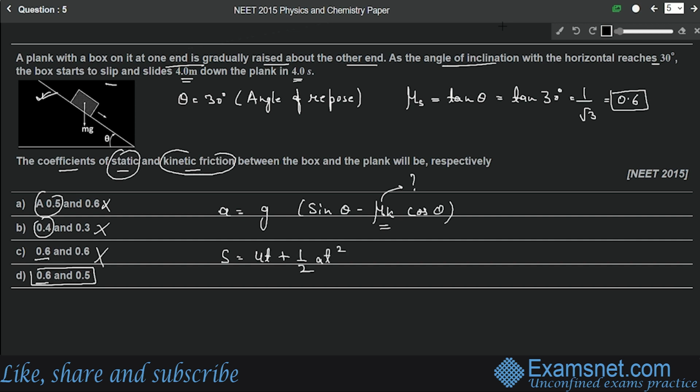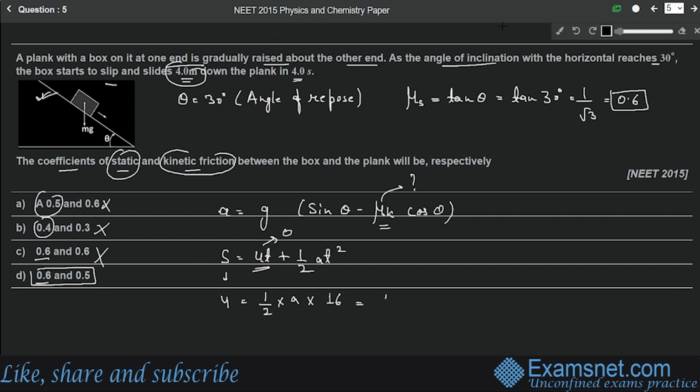Okay, so s means displacement and it is given in the question that the box slides 4 meter, so the displacement is 4 meter. ut will be 0 because the box started from rest. Then half into a into t square. The time is given as 4 seconds. Okay, so 4 square, that means 16.